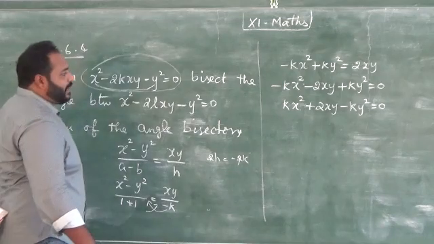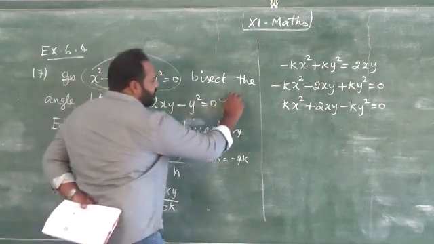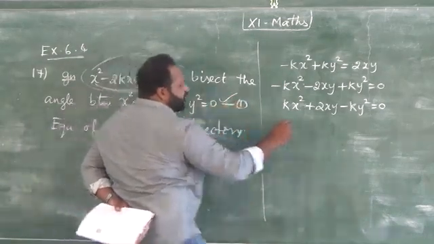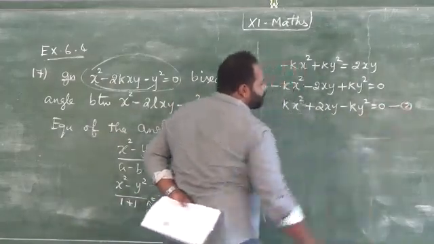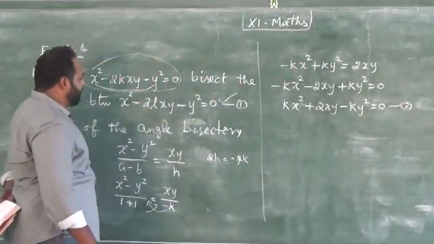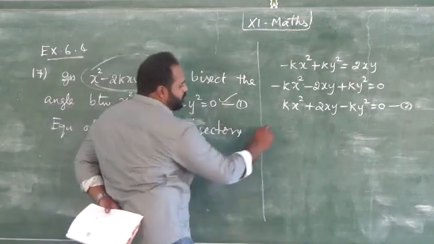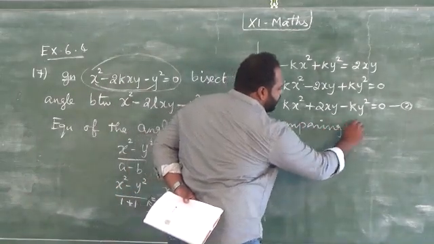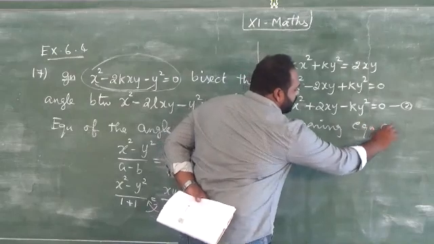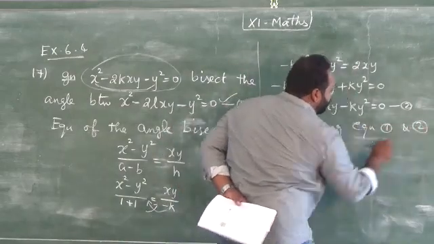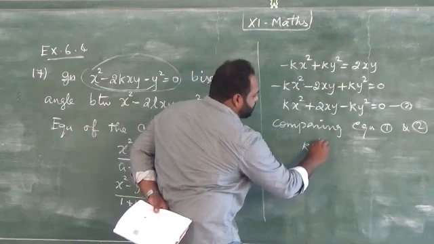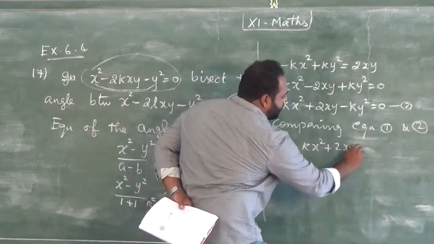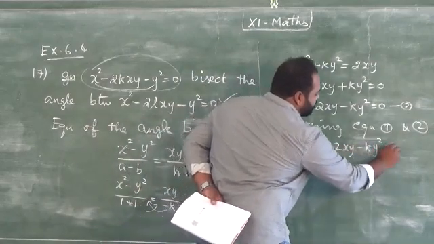Here I am going to take this as equation 1 and this as equation 2, and compare equation 1 and 2. Equation 1 is kx square plus 2xy minus ky square equal to 0.